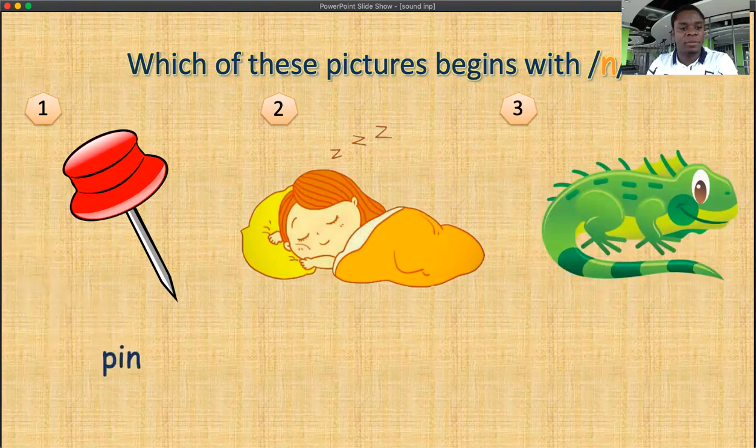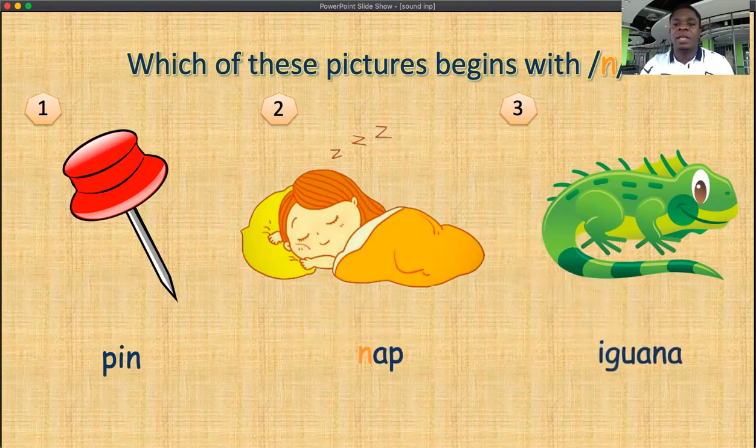Let's find out. 1, pin. Does it begin with N? No, it doesn't. Picture number 2, nap, short sleep, nap. And picture number 3, iguana. So the picture with the initial sound N is nap. Picture number 2 is correct.